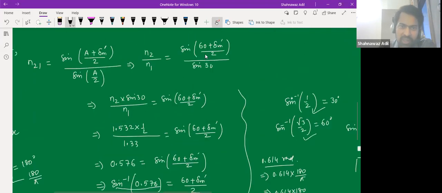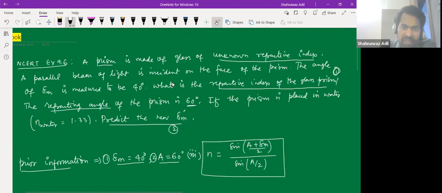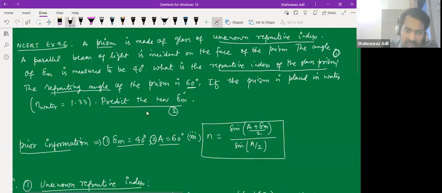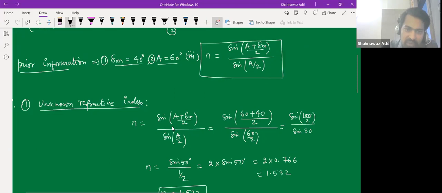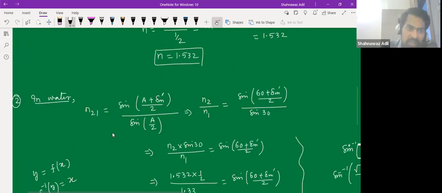Is this question clear to everyone? What did we calculate? In the first part, the prism was kept in air and we calculated the unknown refractive index. In the second part, the prism was kept in water.